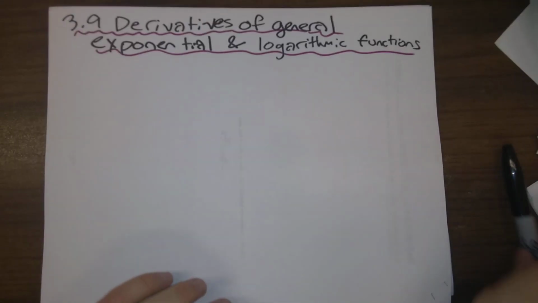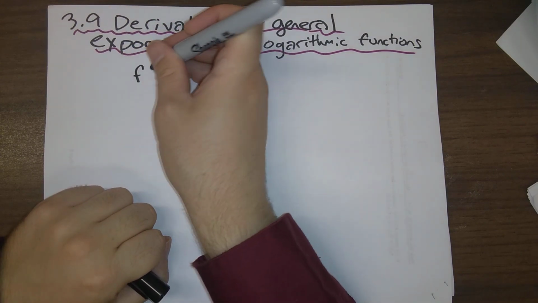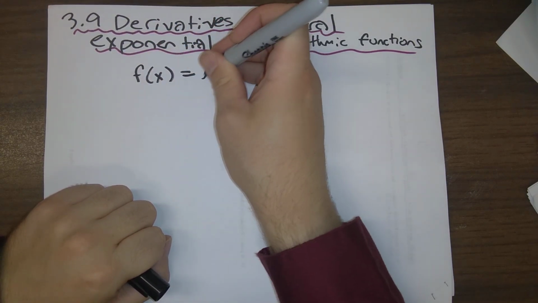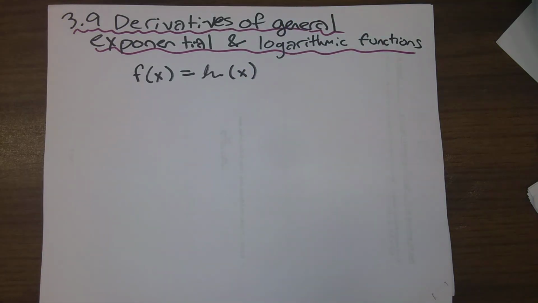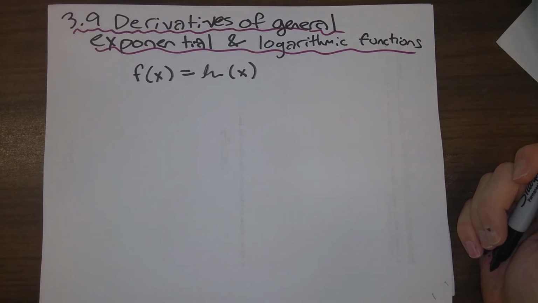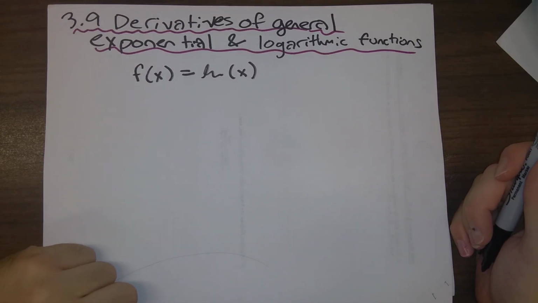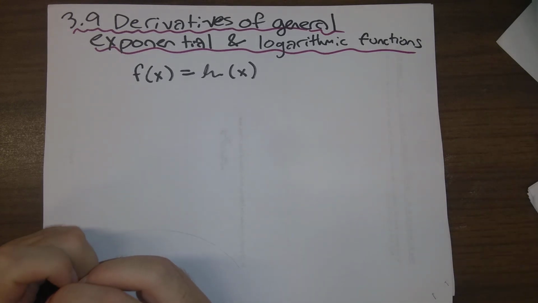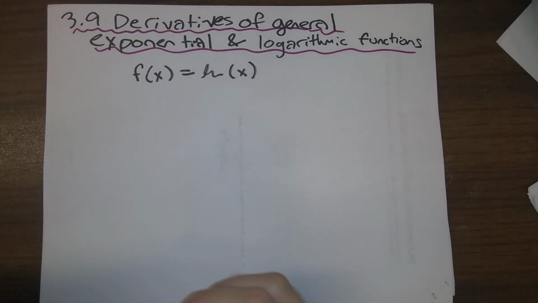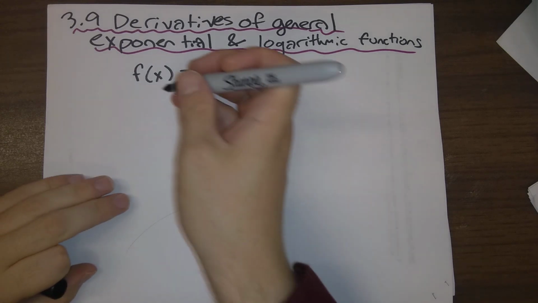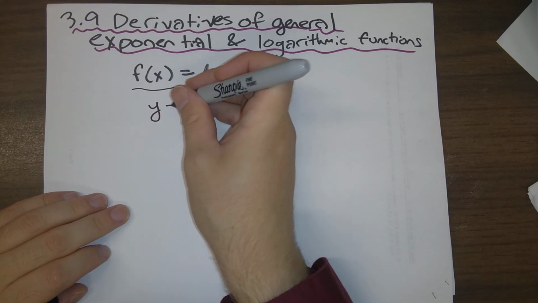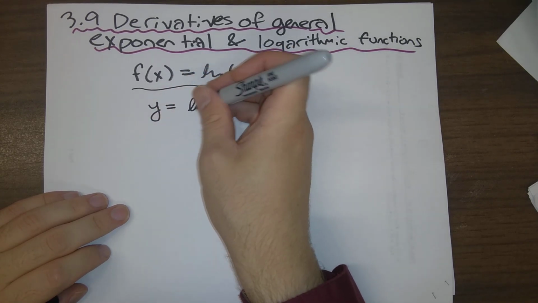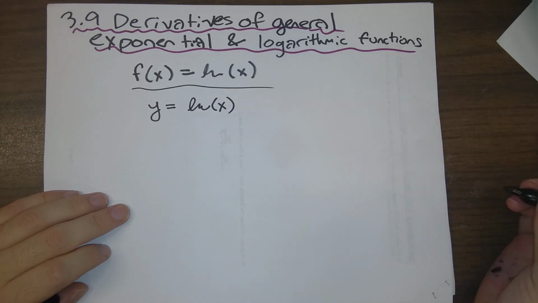So we're going to figure out the derivative of f of x equals natural log of x. We're going to do this using the methods of our previous section, section 3.8, which is about implicit differentiation. So really, we're going to say y is equal to natural log of x.